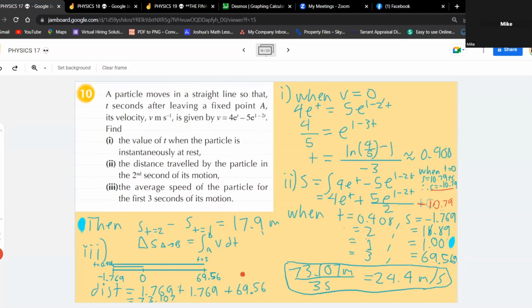And then for part 3, the average speed of the particle for the first 3 seconds of its motion. Okay, paano mo kinalculate yung average speed? Ang average speed po, total distance over total time.